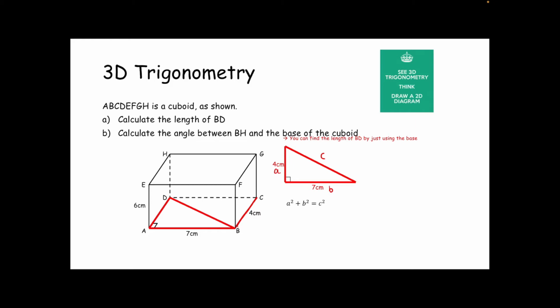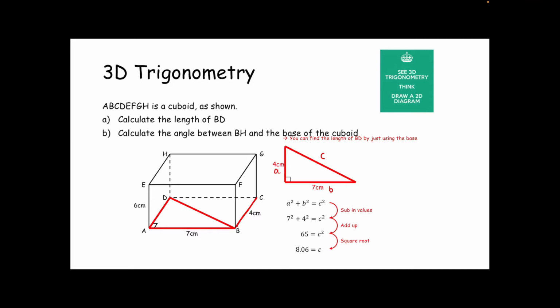From here, substitute the values that we know into Pythagoras' theorem and solve. This gives us 7 squared plus 4 squared equals C squared. Solving this out gives us 65 equals C squared. Square root both sides of your equation, and C is equal to 8.06.